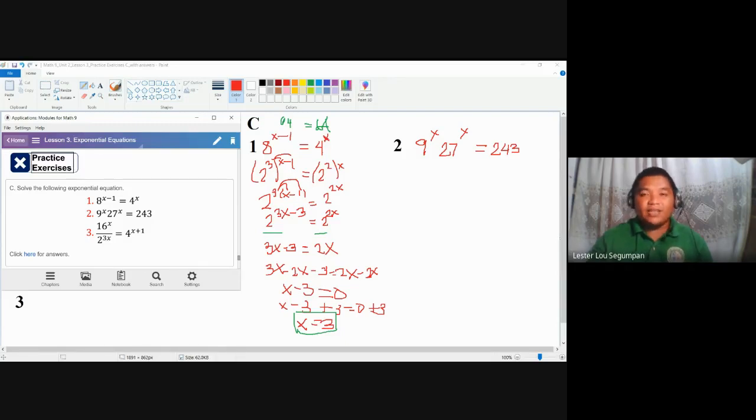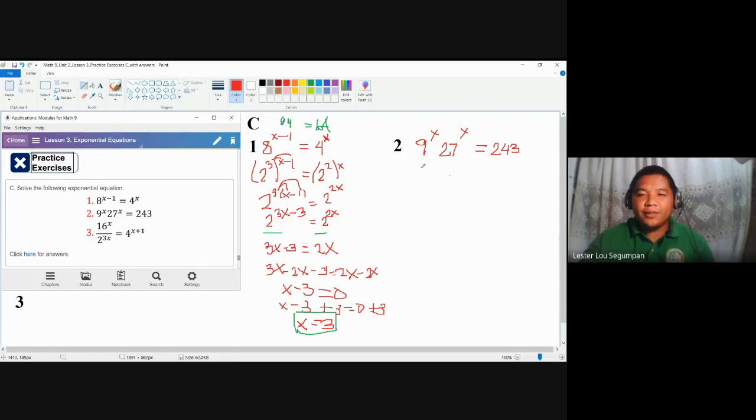Let us check. 3 times 3 is 9, times 3 is 27, times 3 is 81, and times 3 is 243. In short, 243 can be written as 3 to the exponent 5.